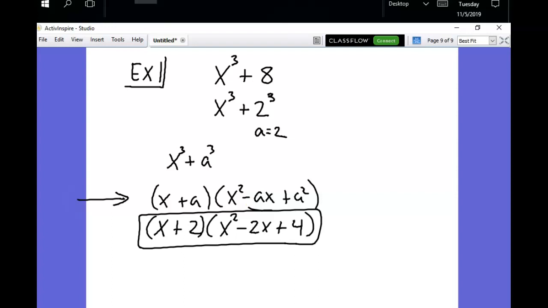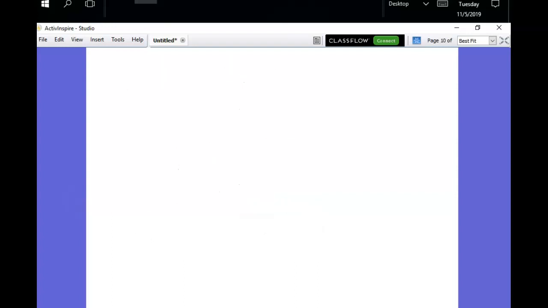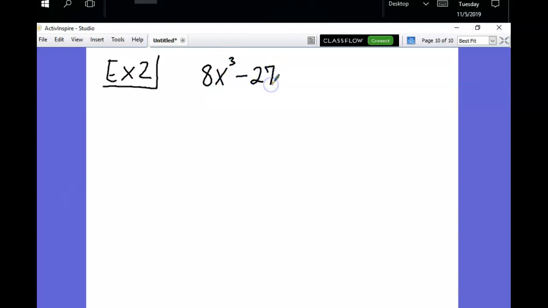Let's go ahead and do another example. This time we're going to make it a little bit trickier. Let's say I have 8x cubed minus 27. First of all, this needs to be rewritten and this one needs to be rewritten.